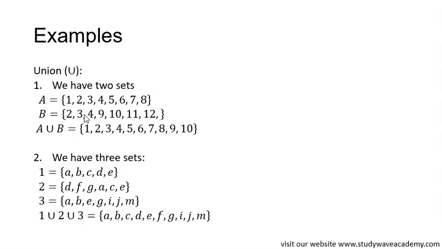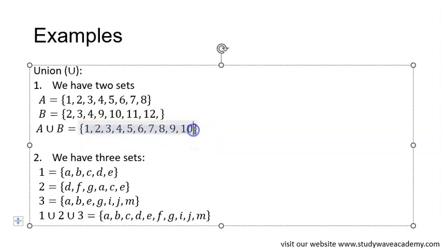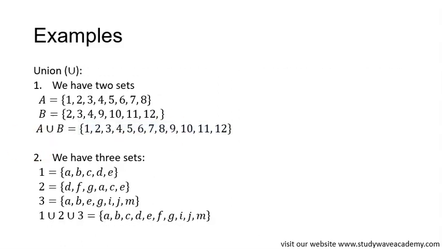Without duplication. So the union of A and B is equal to 1, 2, 3, 4, 5, 6, 7, 8, 9, 10, 11, and 12. So the union between A and B is 1, 2, 3, 4, 5, 6, 7, 8, 9, 10, 11, 12.